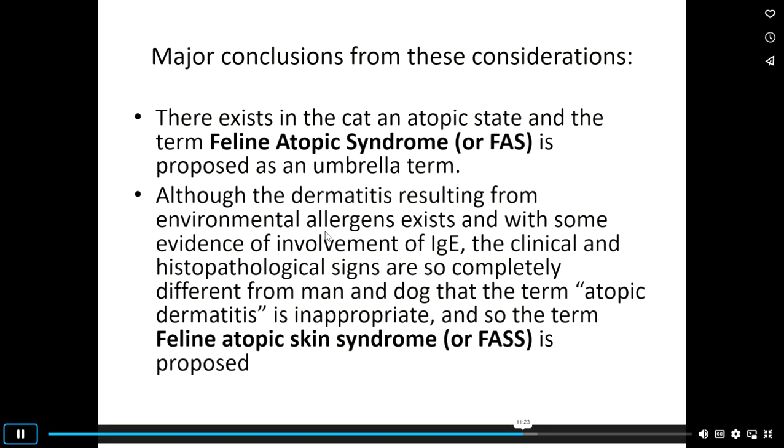Although the dermatitis resulting from environmental allergens exists within the cat, and with some evidence of the involvement of IgE, the clinical and histopathological signs are so completely different from man and the dog that the term atopic dermatitis is inappropriate, and so the term feline atopic skin syndrome, or FASS, is proposed.